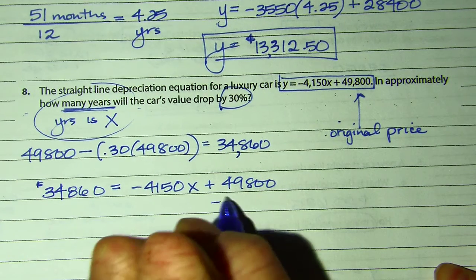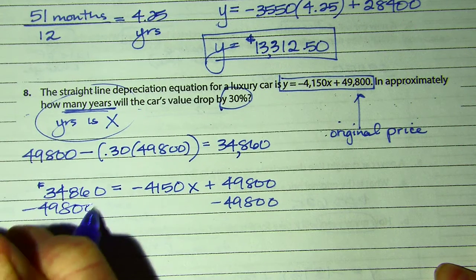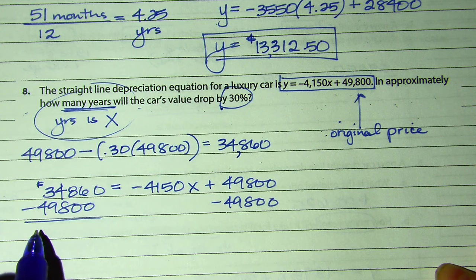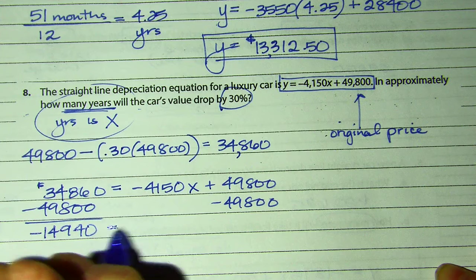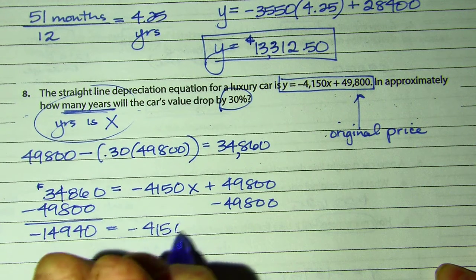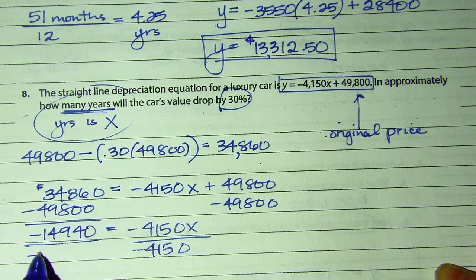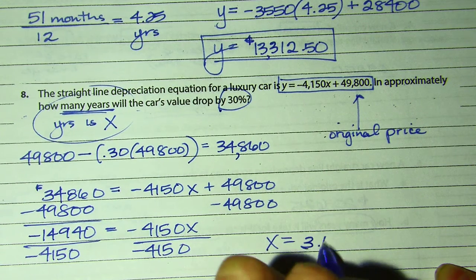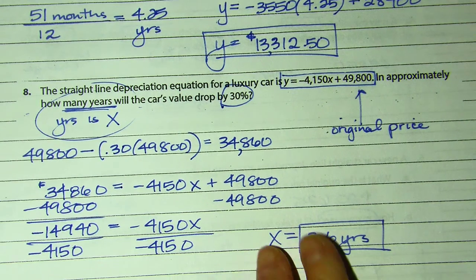So I'm going to subtract 49,800 from each side. This is 0, and on this side I got negative 14,940 equals negative 4150x. Divide, right? Basic Algebra 1, we divide to get x by itself. And x equals 3.6 years. All right, moving on.